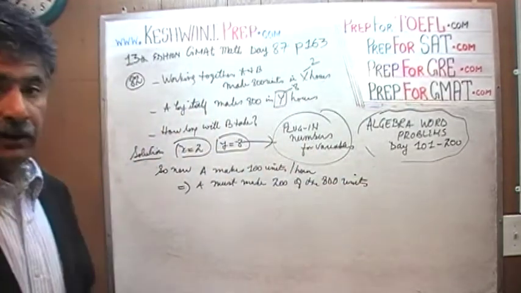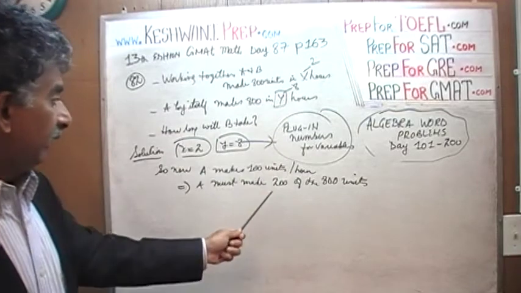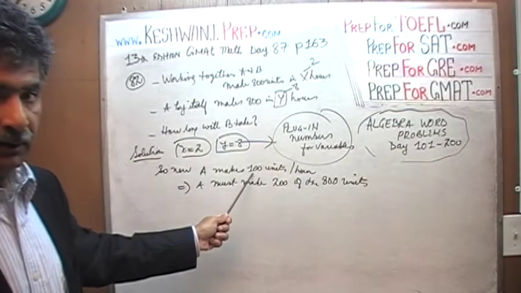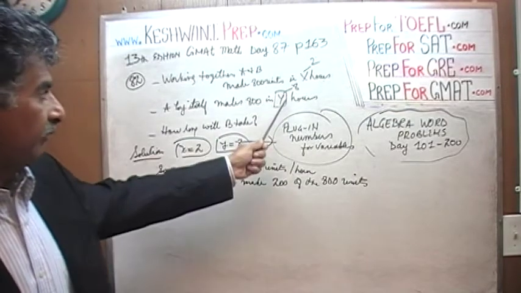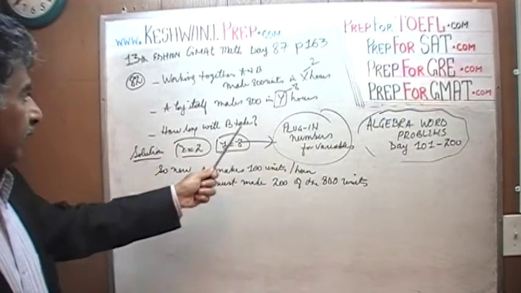Because working together they make 800 units in 2 hours, A is only making 200, because A is working at the rate of 100 per hour, because of the fact that we plugged in 8 for Y.